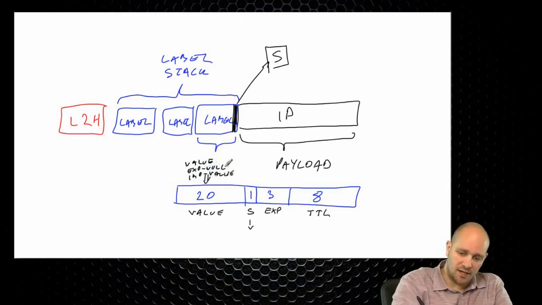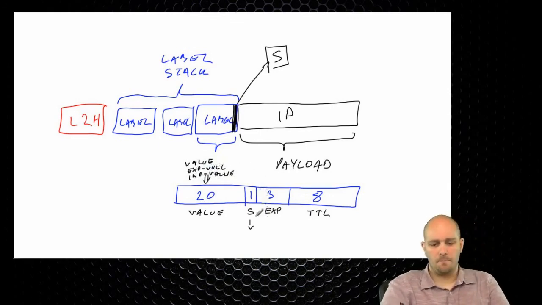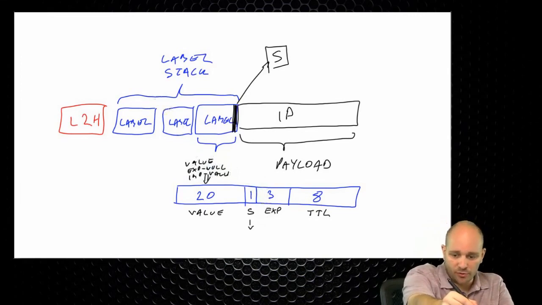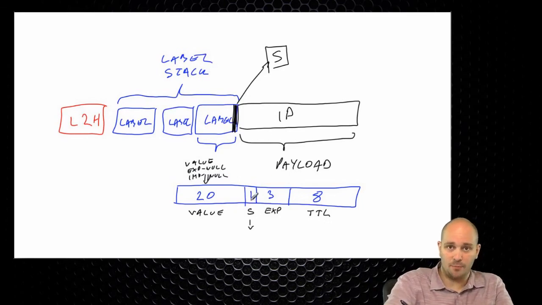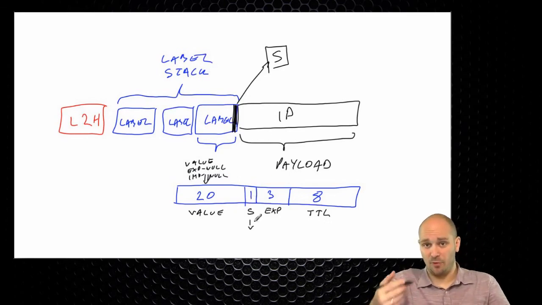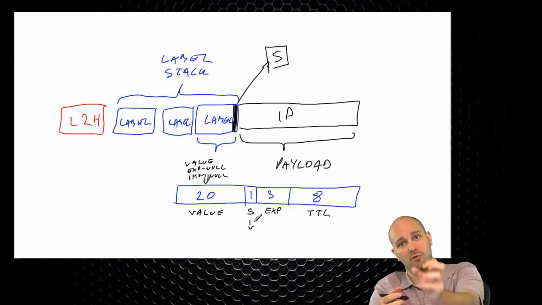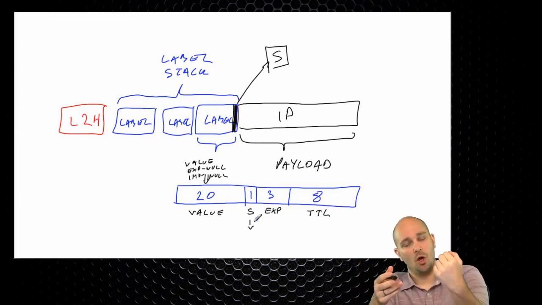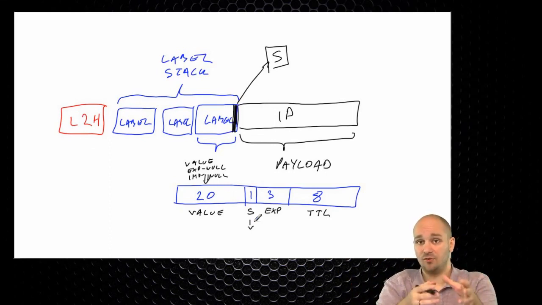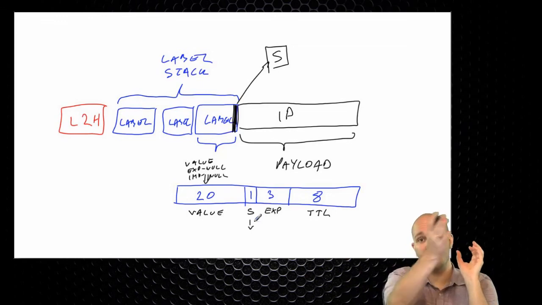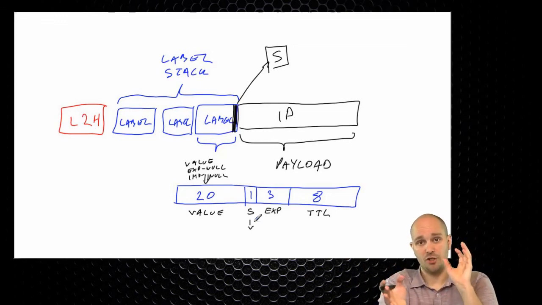So if you have the label, you will have the bottom of the stack bit. In that case, that would have been correct, that the router sent the bottom of the stack bit to signal the other router that it needs to pop the label. But that's what the bottom of the stack bit does anyway. It tells the router that after you have popped this label, you may need to perform an additional operation.